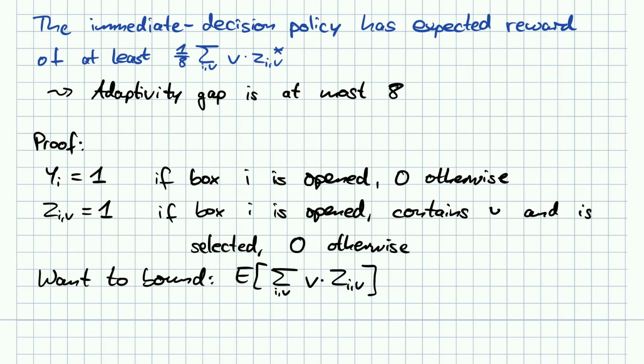And how do we do this? Well, we want to understand what are these Z_{i,v}. When does our policy open a box i, the box contains prize v, and this box is selected?